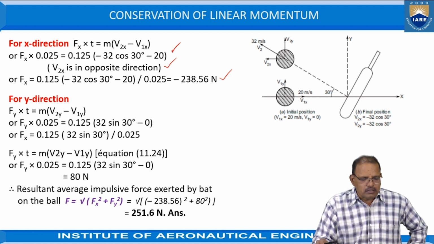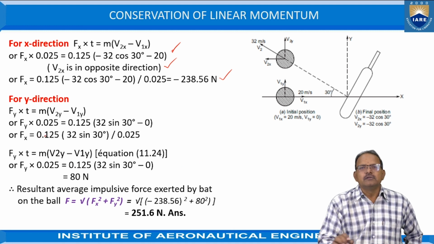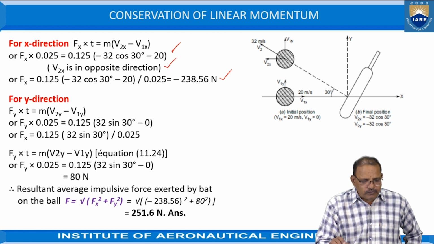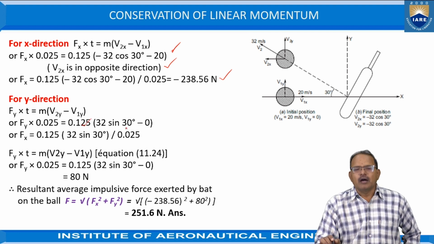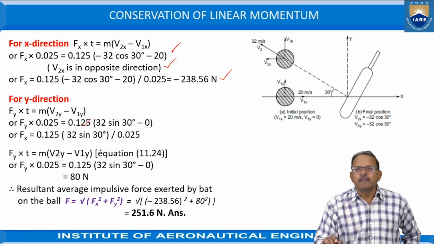Similarly, for the y direction, Fy into t is equal to m into (v2y minus v1y). Here, Fy into 0.025 is equal to 0.125, that is the mass of the ball, into (the final velocity component 32 sin 30, positive, minus 0), that is the vertical component of velocity of the ball before hitting, which is equal to 0.